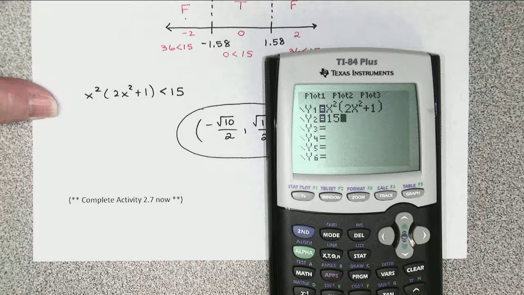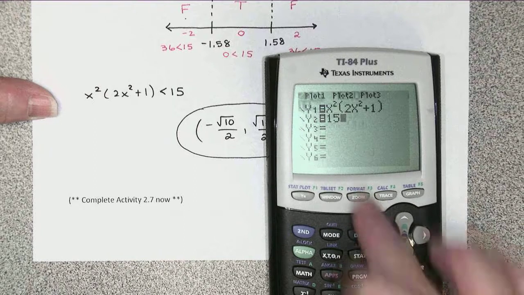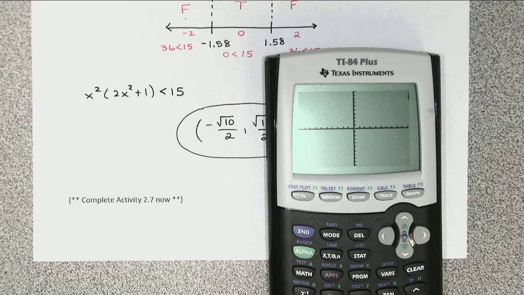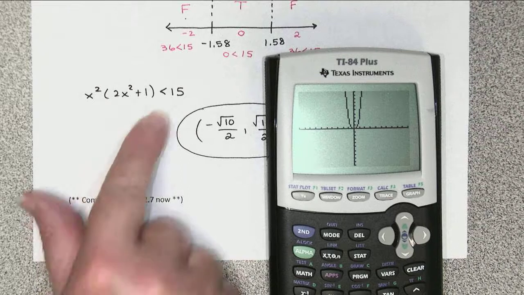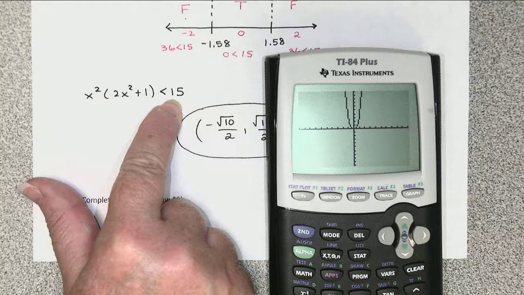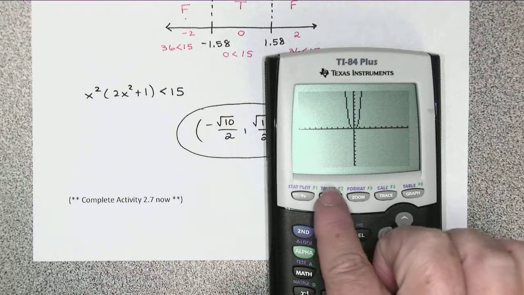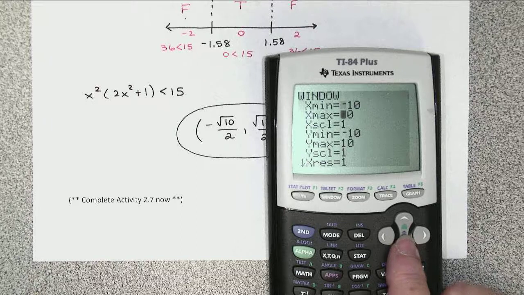And I'd like to graph both of these. I'm just going to start with negative 10 to 10 on both axes and see what happens. Actually, I probably should have known better than that, shouldn't I? I graphed y2 equals 15, so I know I'm going to have to go up higher on the y value. Let's go up to 20 in the y value.